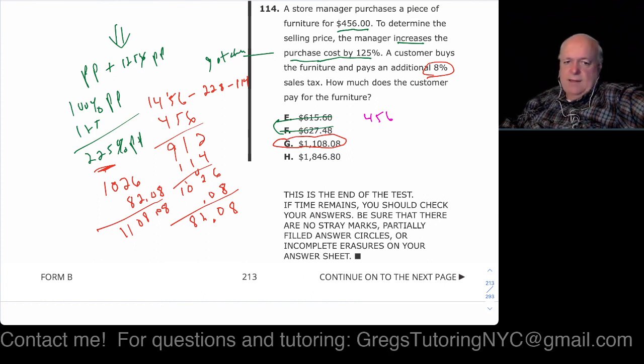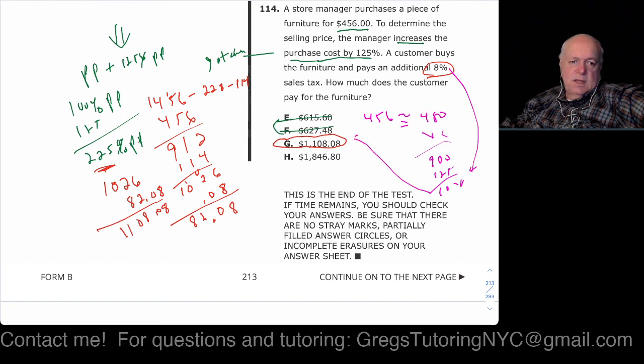If we just round that to 450, we know that doubling it is just going to give us 900. We also know that a quarter of 450 is going to be like 125. So we're already at 1025, right? And adding the tax on is just 10% of that. It's another $100 or whatever. So that's going to give us like 1100 something. So we can get to G really fast.